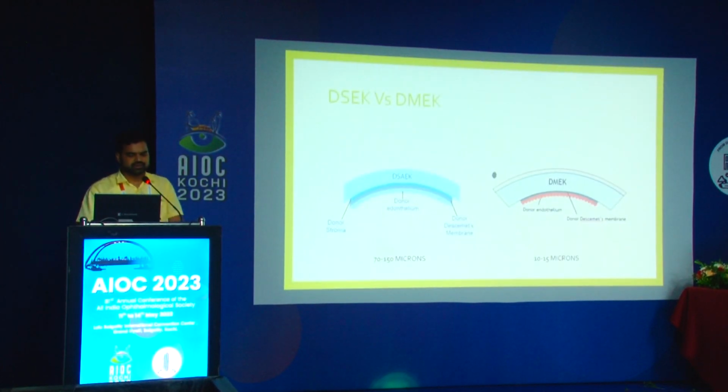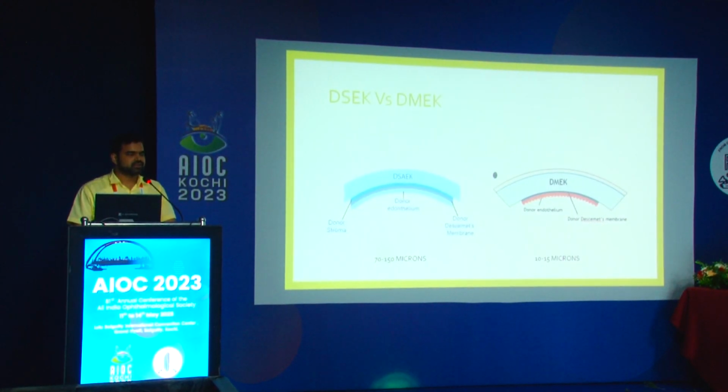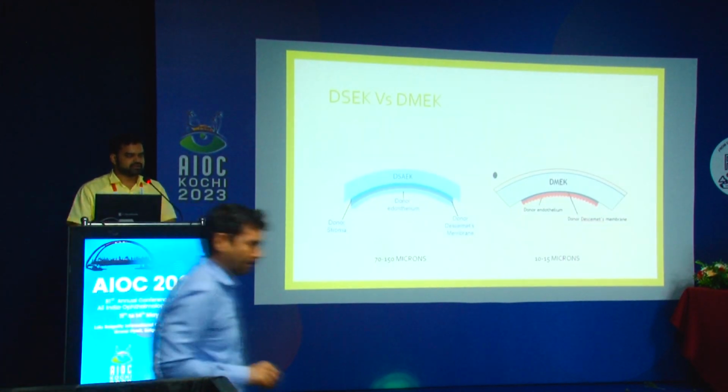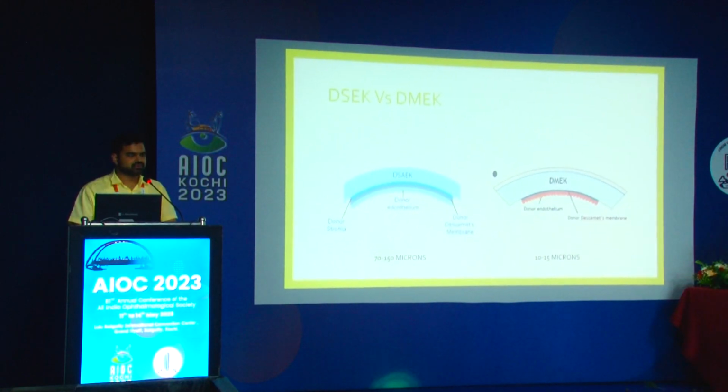The reason behind this debate of DSEK versus DMEK is based on the thickness of the lenticule which we insert. In DSEK, we have donor stroma also involved, so the thickness is around 70 to 150 microns, depending on whether you are doing an ultra thin DSEK or a normal DSEK. And in DMEK, it's pretty thin, something between 10 to 15 microns.